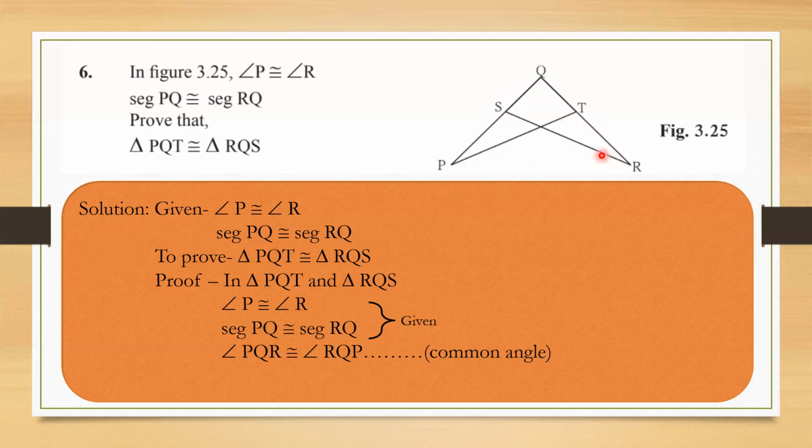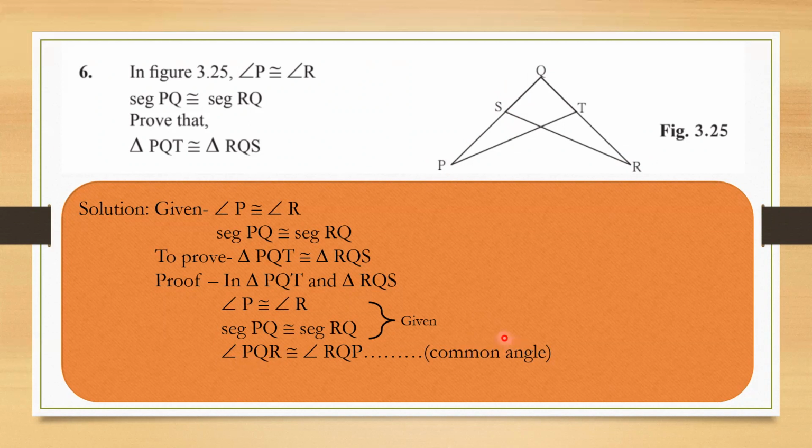You cannot write down R because this is not the whole triangle. So angle PQT is congruent to angle RQS. You write RQS over here. You cannot take point P because the triangle is RQS only. Till here only the triangle is there. So here just make the correction. Angle PQT means this angle is congruent to angle RQS. That means again this angle, why? Because that angle is common.